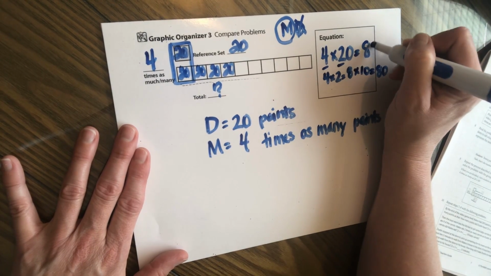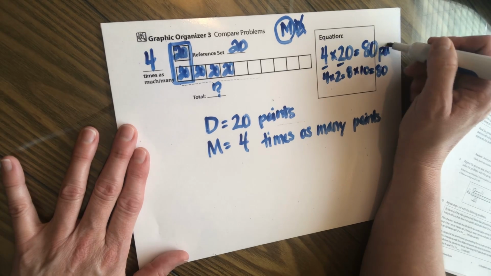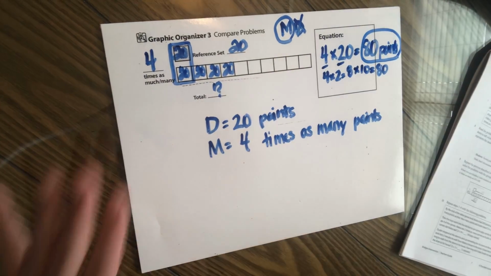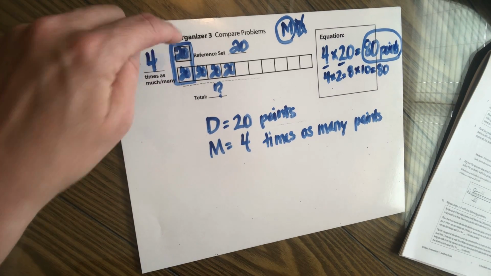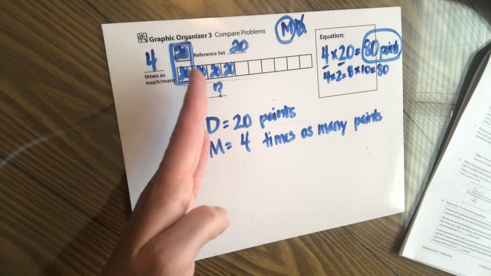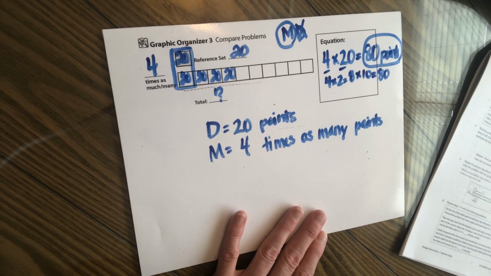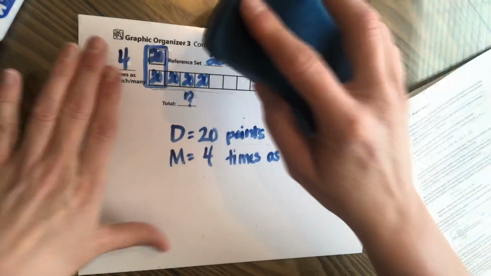So 4 times 20 is 80 points. So Mateo had 80 points because 80 is 4 times as many as 20. How do I know? Because it takes 4 20s to equal 80. Okay, let's do some more.